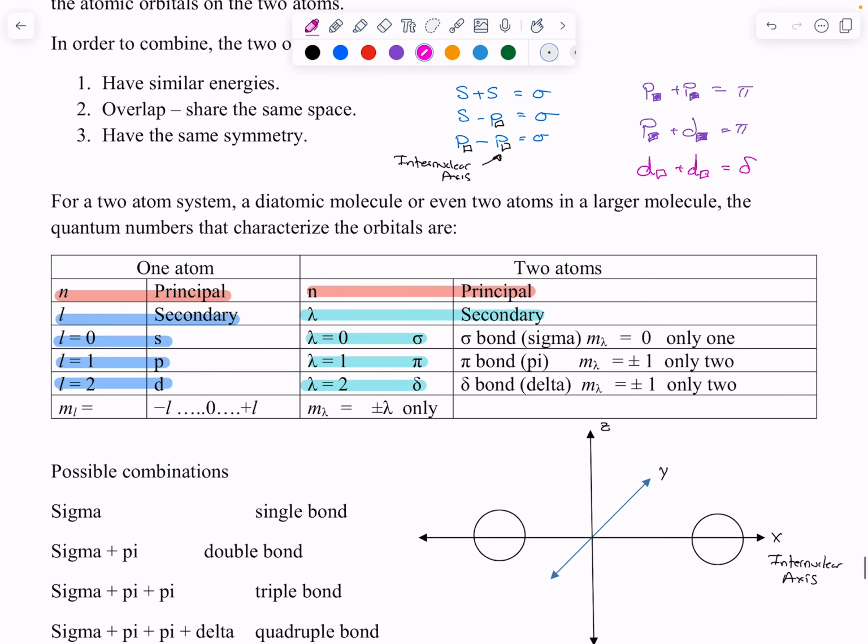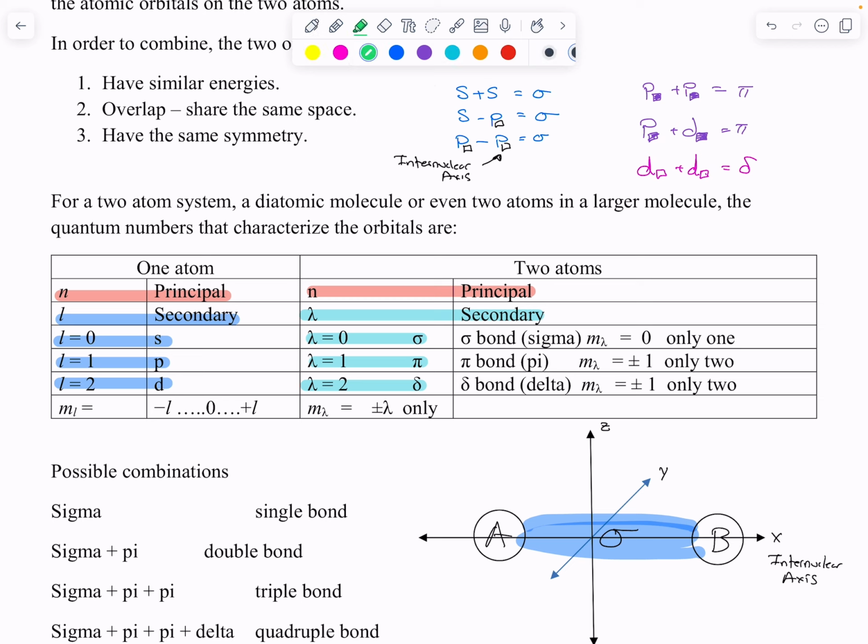So those are our options. Now the first bond is going to be on the internuclear axis. That's where our sigma bond is going to be, between atom A and atom B, just on the internuclear axis. The second bonds are going to be off the internuclear axis.